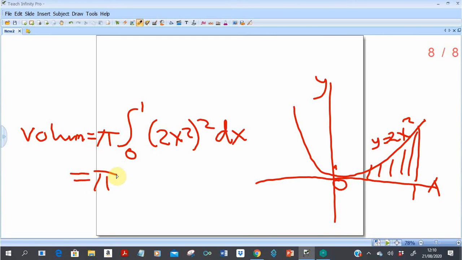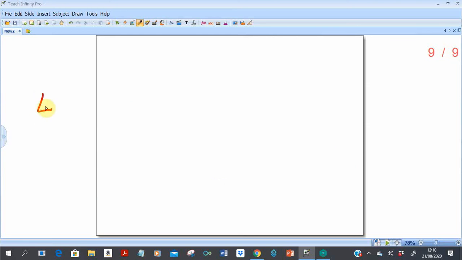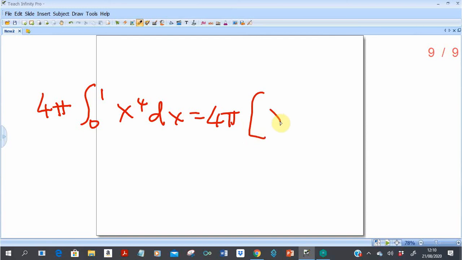This will give you pi integral from 0 to 1 of 4x to the power 4 dx. 4 is a constant, it can be taken out. 4 pi times x to the power 5 over 5, from 0 to 1.